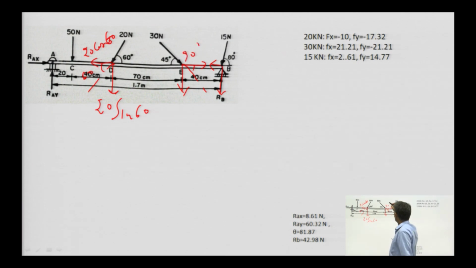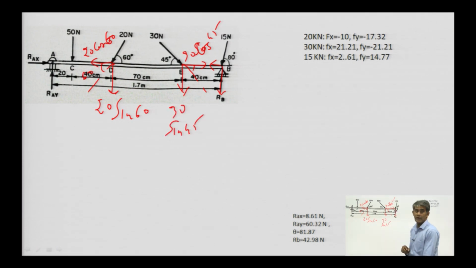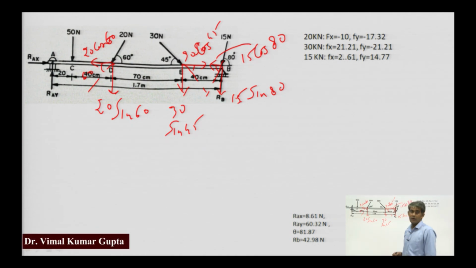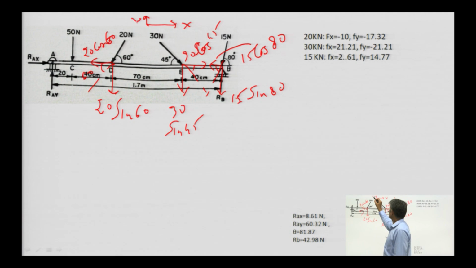So, it is 30 cos 45 and 30 sin 45. What about this component? This is 80. So, this is 15 sin 80, and this component is 15 cos 80. All the forces have been resolved along the horizontal and vertical directions.